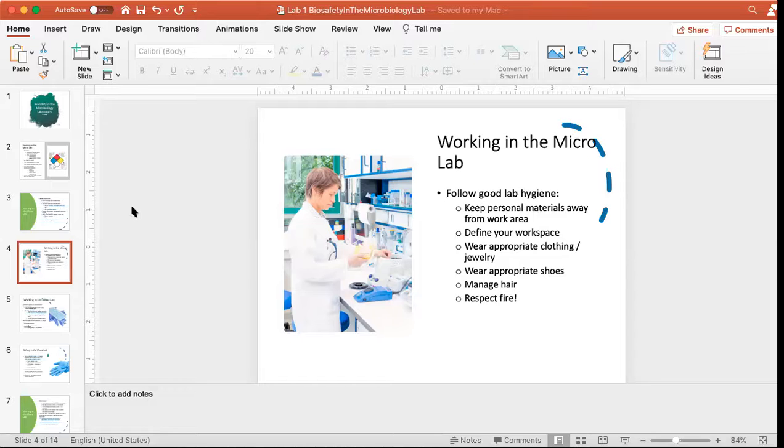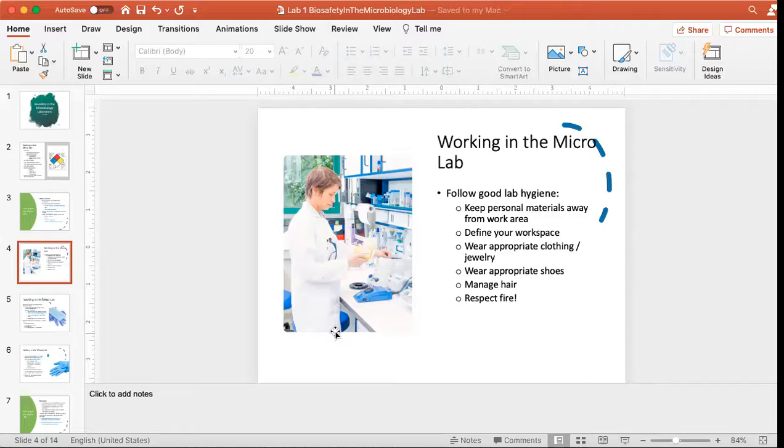If you're working in the lab, you want to follow certain practices like I said earlier, you want to keep your personal things out of your work area. You want to keep your work area clear and clean. You want to wear appropriate clothing when you're at work. Now, this is going to vary depending on what kind of lab you're working in. You can see in the picture over on the left, there's somebody working in a laboratory, and this person is wearing a lab coat.